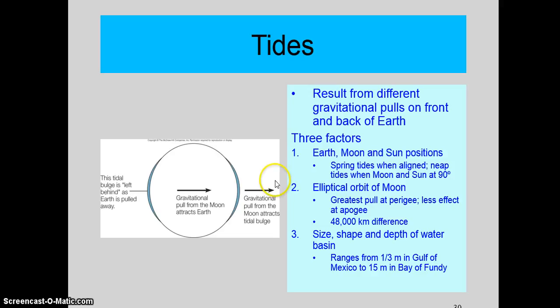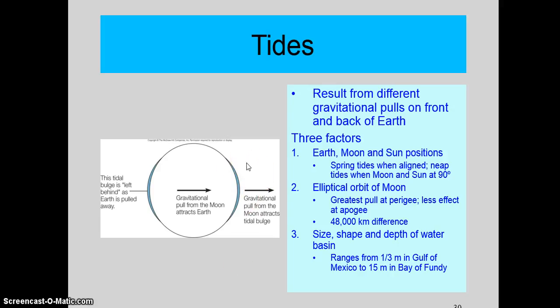You can have huge differences in tides. One of the things to note is, for example, the Gulf of Mexico only has, as it says here, only about a third of a meter or so, whereas these different bays around the world have much larger differences, even larger than 3 meters, which is what you generally see around the ocean.